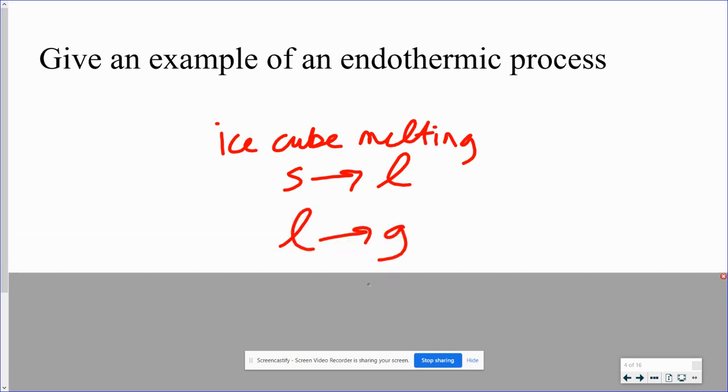Also, to make something go to a gas, either just to evaporate or to boil, heat has to be put in, and that would be an endothermic process. If heat is going in to make it happen, that's endothermic, in, endo.